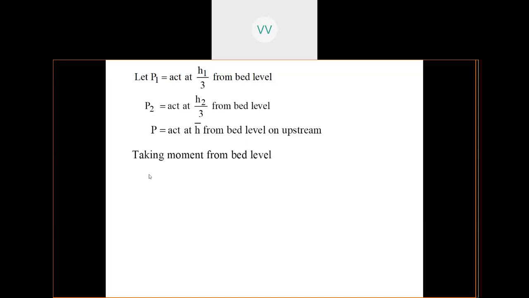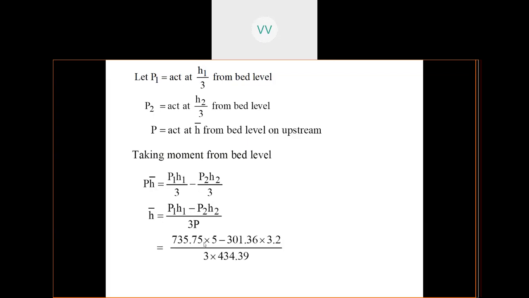Taking moments from the bed level, P H bar is equal to P1 H1 by 3 minus P2 H2 by 3. Bringing P to the bottom side, H bar equals P1 H1 minus P2 H2 by 3P. So 735.75 into 5 minus 306.36 into 3.2, divided by 3 into 434.39.